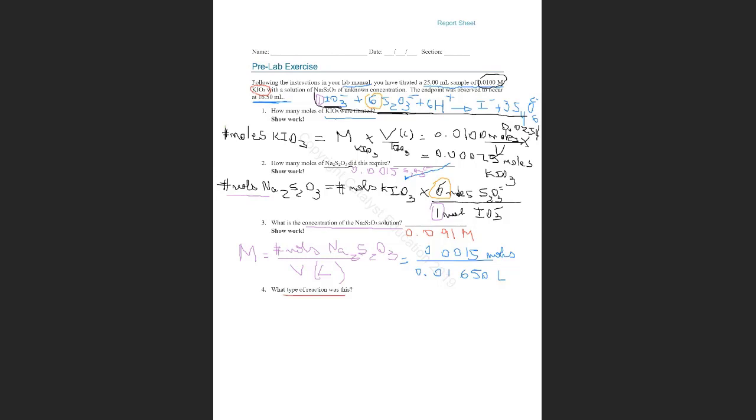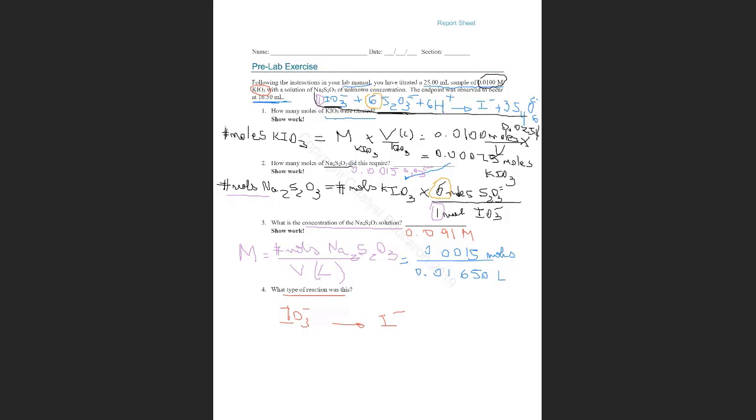Very good. And the last question is, what type of reaction? Obviously, this is a redox reaction. Why is it a redox reaction? If we look at the iodate, let's look again at this reaction. The iodate is converted into iodide. This is a redox reaction.